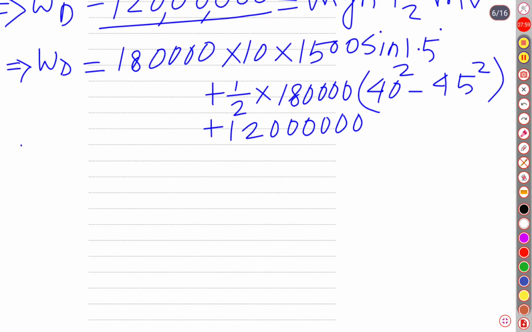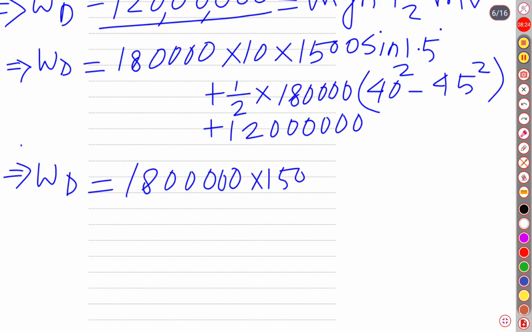So on the left side, there is nothing but work done by engine, work done by driving force, which is equal to, if we multiply 180,000 and 10, it is going to be 1800,000. How many zeros will there be? 4, 5. 1800,000 into 150 sine 1.5 degree, plus, if we divide 180,000 by 2, it is going to be 90,000.